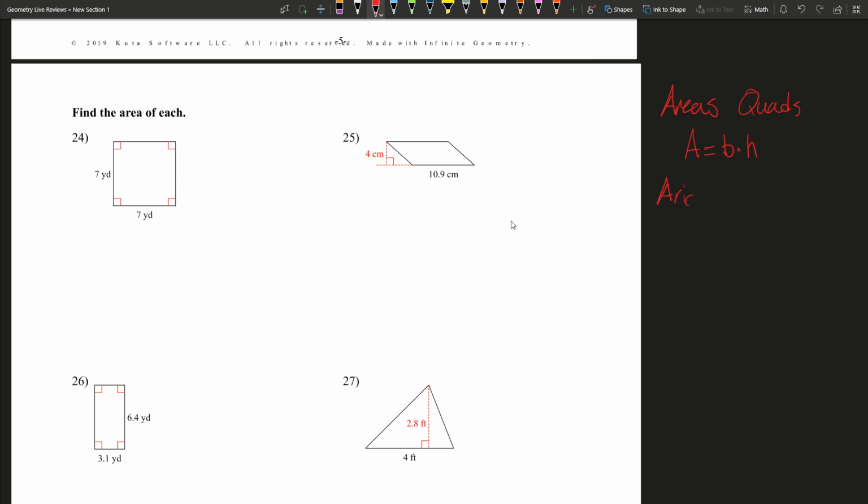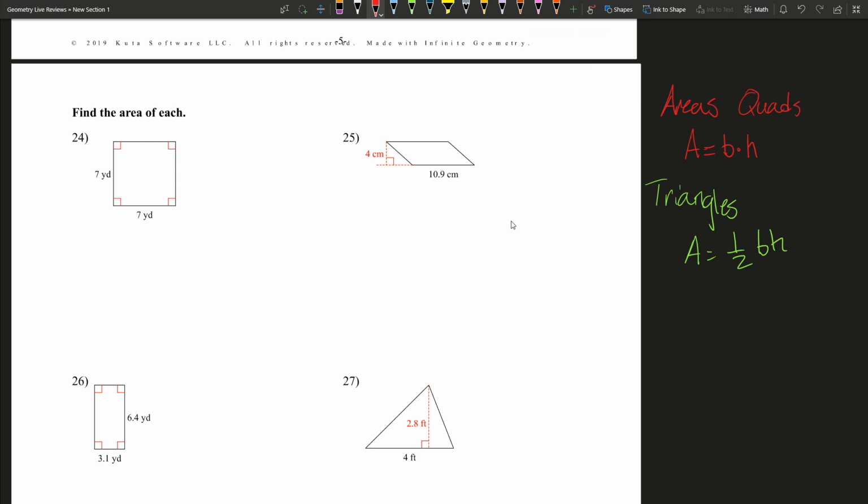Areas of triangles. A is equal to 1/2 base times height. All right, so knowing those is very important because if you do one of them, that might not be right.